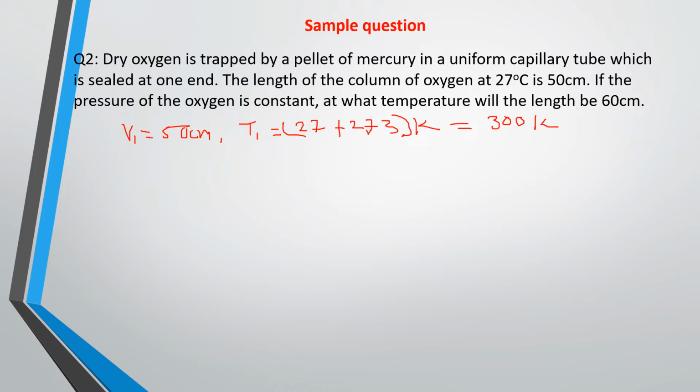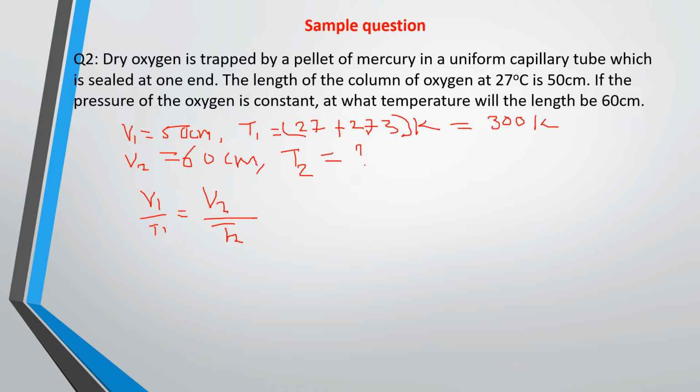So that's your T1. Your V2 is given to you to be 60 centimeters, and what you are looking for is your T2. T2 is your unknown. So basically just use that equation, V1 over T1 is equal to V2 all over T2.